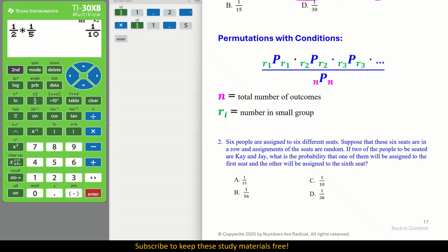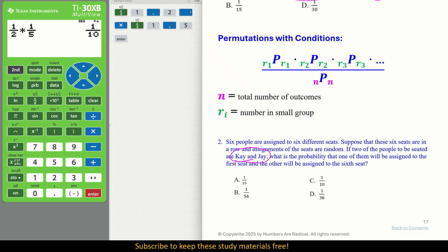What is important is that you are pulling 2 of these 6 out and making a small group. And how many are in the group? We have a group of 2, and everyone else is in a group of 4.